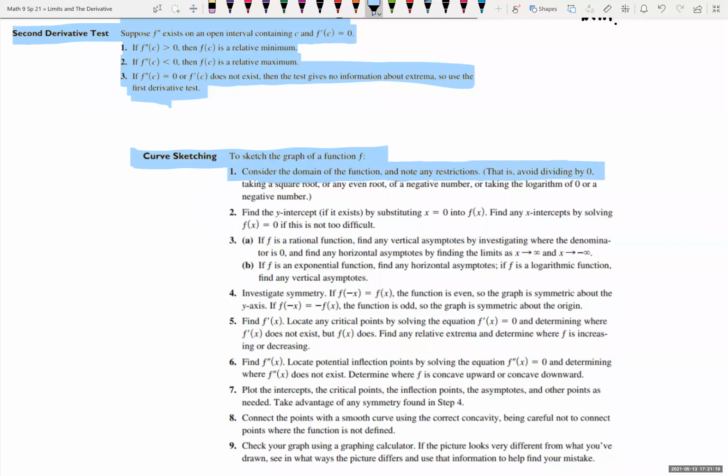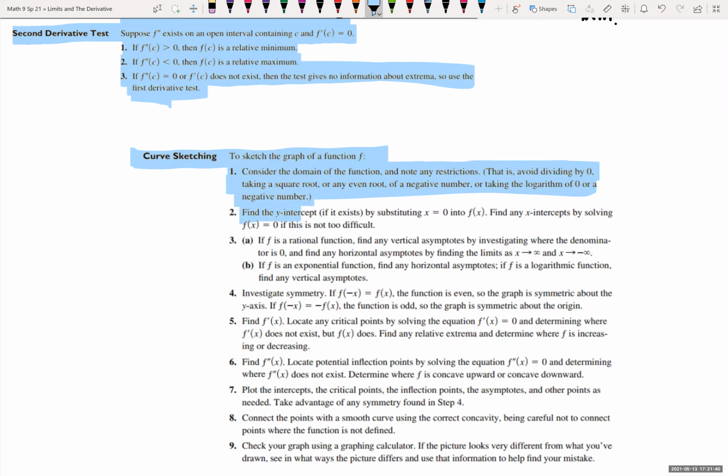So we're going to avoid dividing by 0. So exclude any value of x which sets the denominator to 0. Taking the square root of a negative number, we have to avoid that, or any even root. Or taking a logarithm of 0 or a negative number, we have to exclude that. So those are things that we have to exclude when we're looking at our original function.